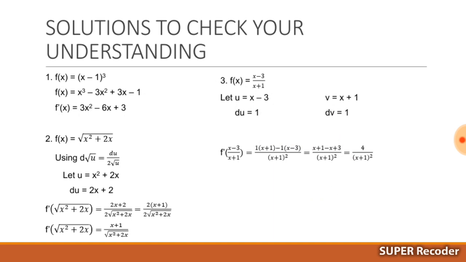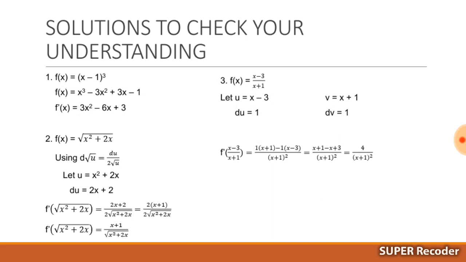This should be 2 multiplied by x plus 1 over 2 square root of x squared plus 2x, and therefore the 2 is cancelled out. So the derivative of the second item is x plus 1 over square root of x squared plus 2x.